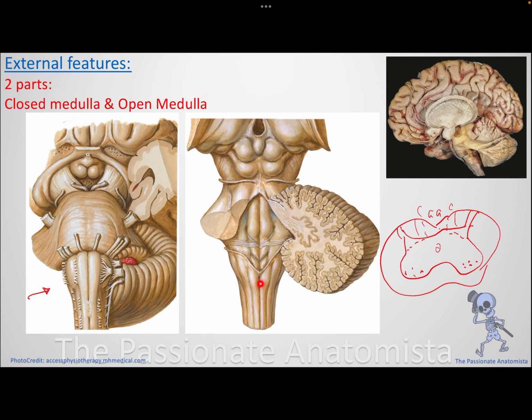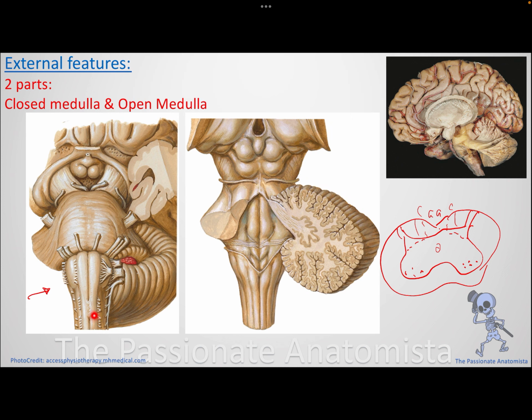The tubercle is made by the collection of the cell bodies, the nucleus inside, the gracilis, and then cuneatus, and then the trigeminal tubercle. Okay, and we're going to talk about the trigeminal as we proceed. And this is the closed medulla. It more or less looks like the spinal cord, because it's basically a continuation of the spinal cord.